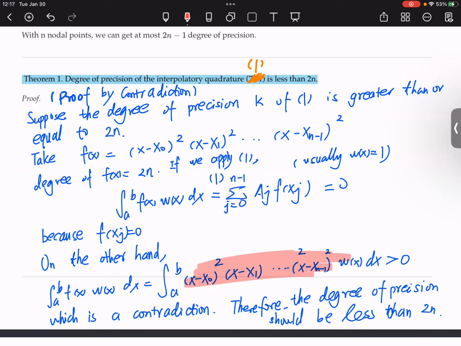Yes. For this function, if you expand it, the first term you have is x to the 2n, because you have degree 2 here, degree 2 here, and degree 2 here, and then you have n expressions, so you have degree 2n. Oh yeah, because we start from 0. Okay, I get that.